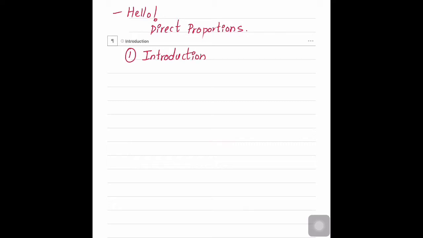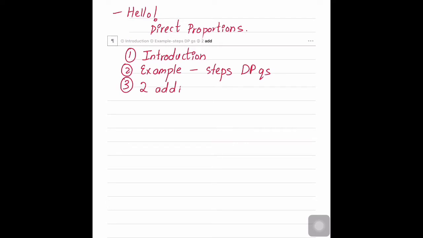The second one will be us going through an example, and in that example I will share the steps that we will be following to solve direct proportion questions. And then in the third part of the video we will be solving two additional examples.